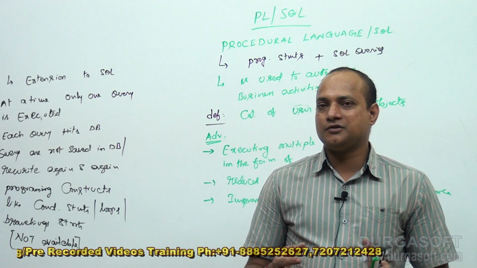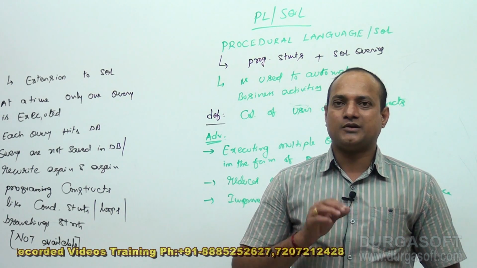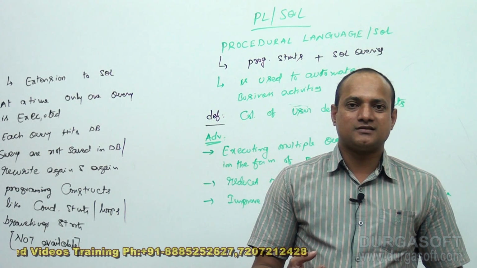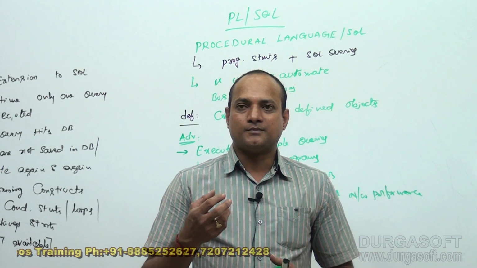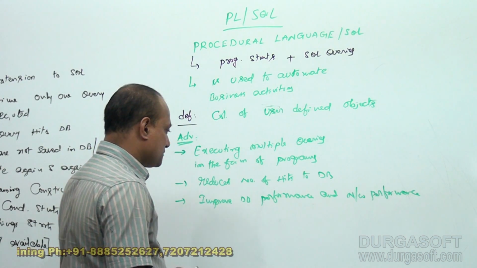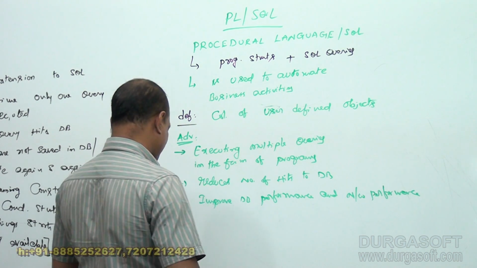Instead of that, if you place all queries inside a program and execute the program, don't worry about how many queries are in it. The program will use only one network line. So instead of using 100 network lines, it is using just one.